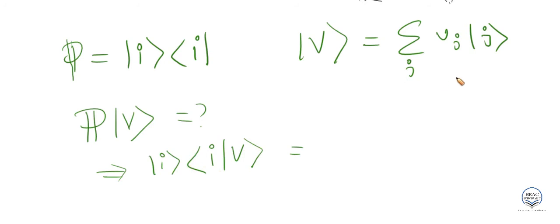So even if you don't write it explicitly, you can always say this is V_i, right? So this is how you can get the component with the basis intact. So this is how projection operations work.